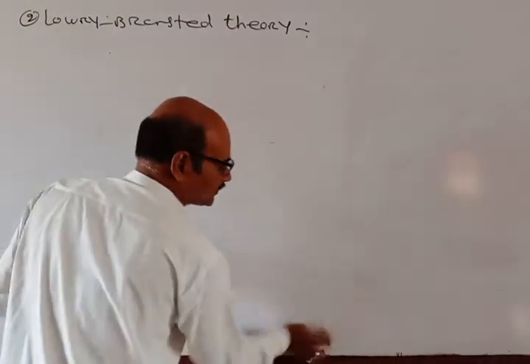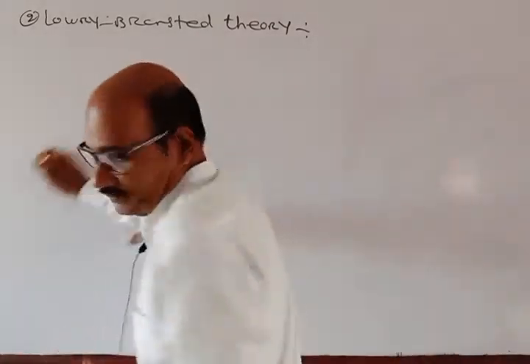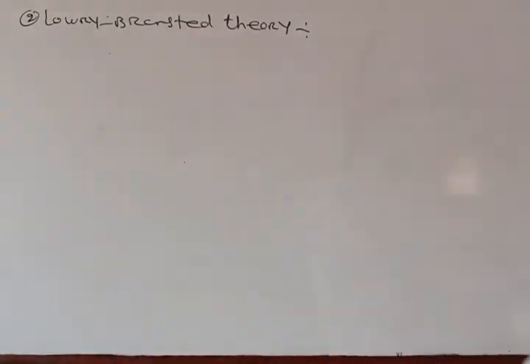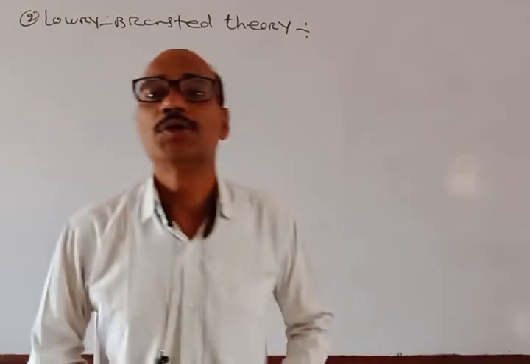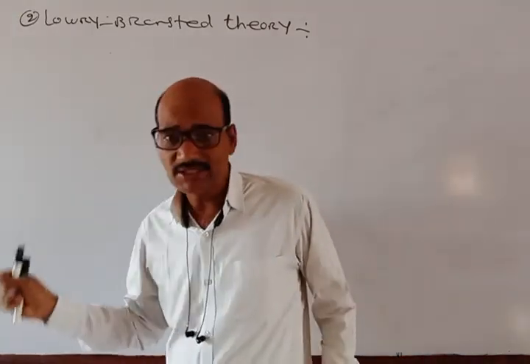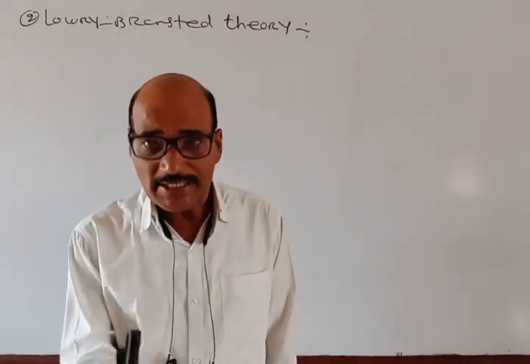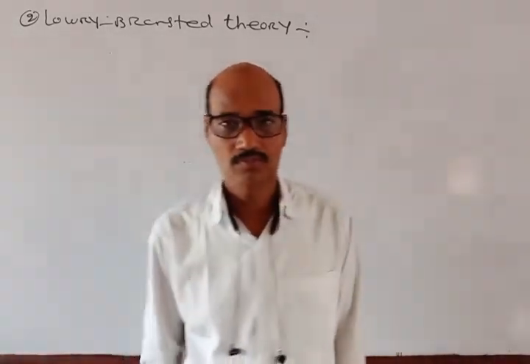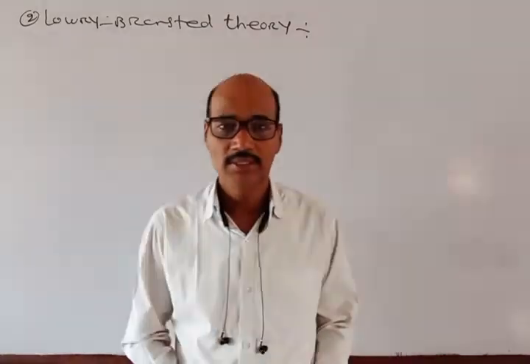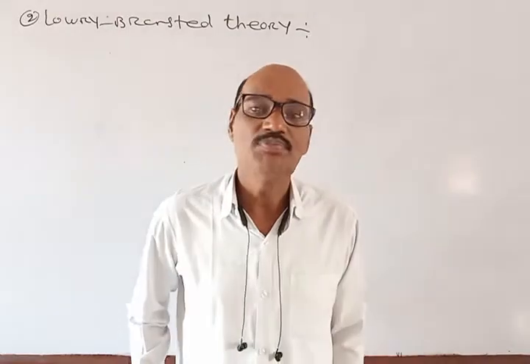So what are acids in the Lowry-Bronsted theory? According to Lowry-Bronsted theory, an acid is a substance which can donate a proton, whereas a base is a substance which can accept a proton.